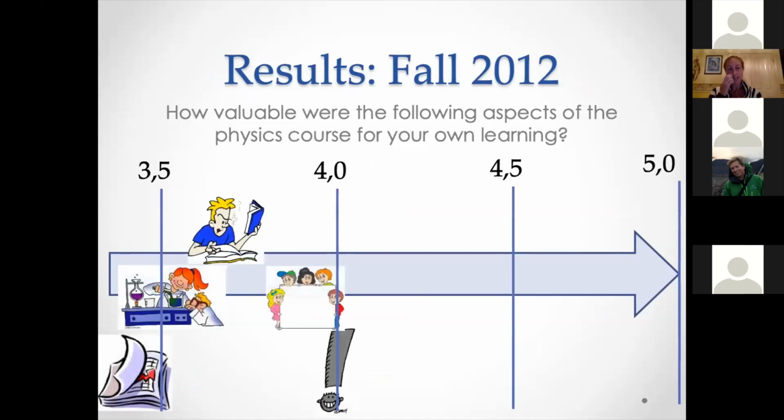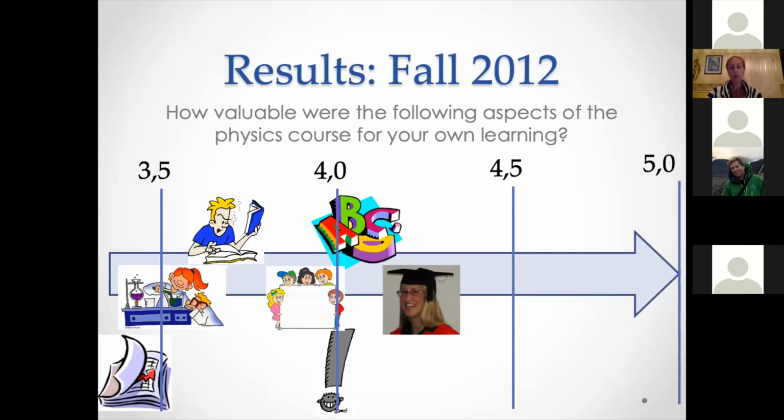But the least valuable ones were the traditional elements of the course. So the assignment, the experiments in class, solving problems, the group project, and solutions to those work problems. The best aspects of the course were all related to the flipped classroom. So we had the pre-test.